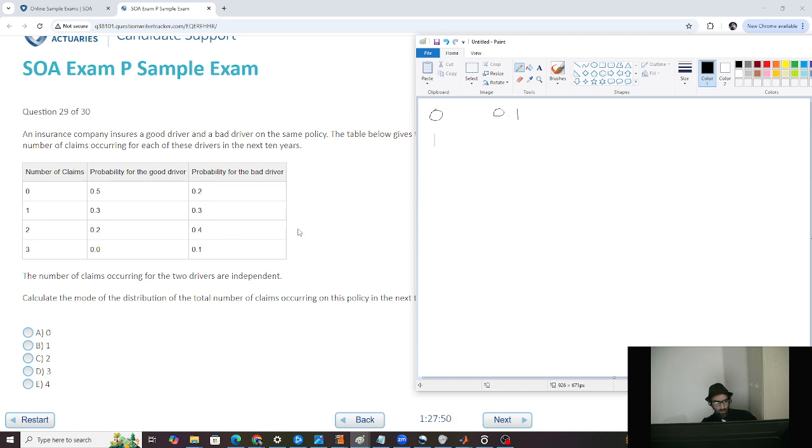So 6 plus 15, 0.21. Okay, so 2. That's either none for the good and 2 for the bad, that's a 20. 1 and 1, that's a 9. So 29. 0 and 2 gets you an extra 4, so that's 0.33.